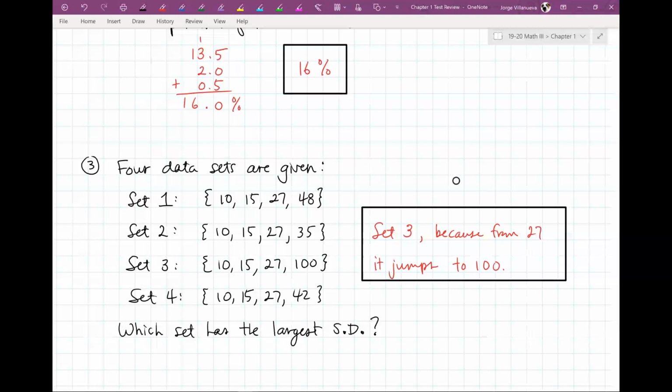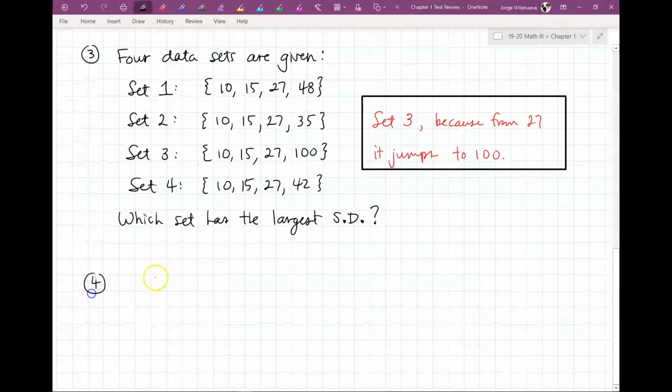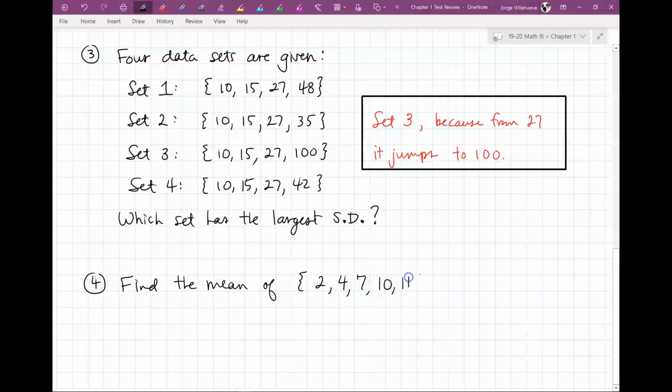Moving on, what if we give you a problem like this? Find the mean of the following. You should be able to find a mean.